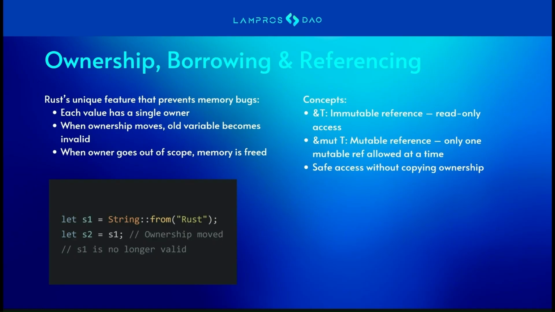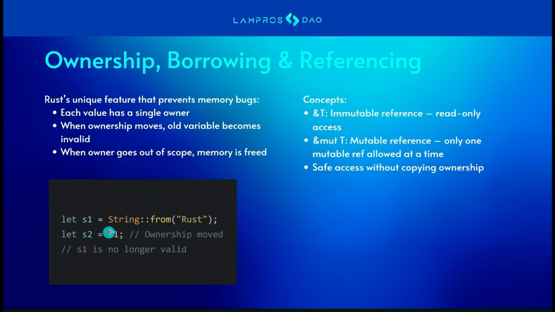Let me explain what I mean by it. For example, I have created one string here called Rust and passed that Rust string to S1. Now if I am passing that S1 string to a new variable called S2, then as you can see, ownership has been moved. S1 held the ownership of the Rust value, but now S1's ownership has been passed to S2.